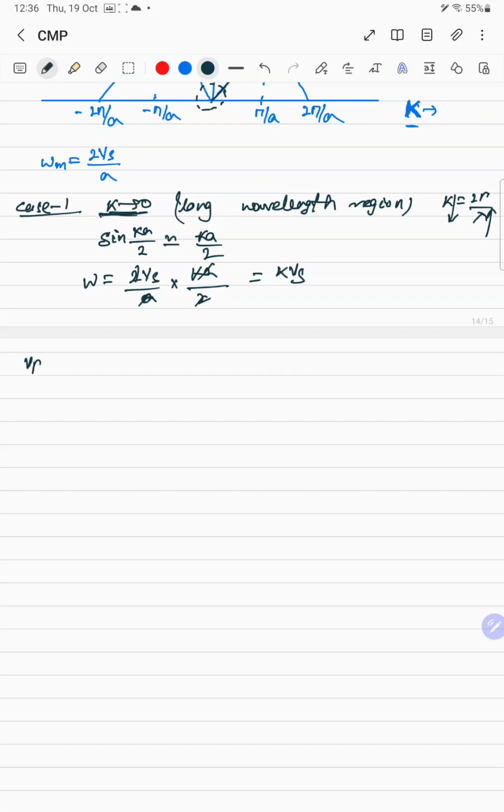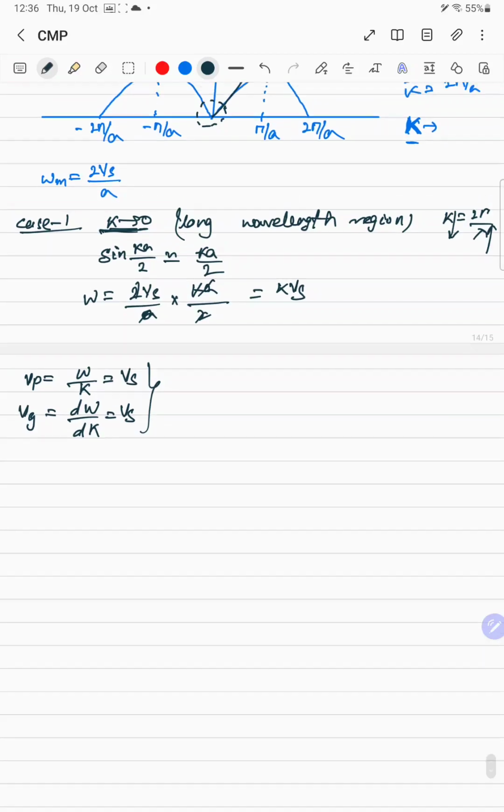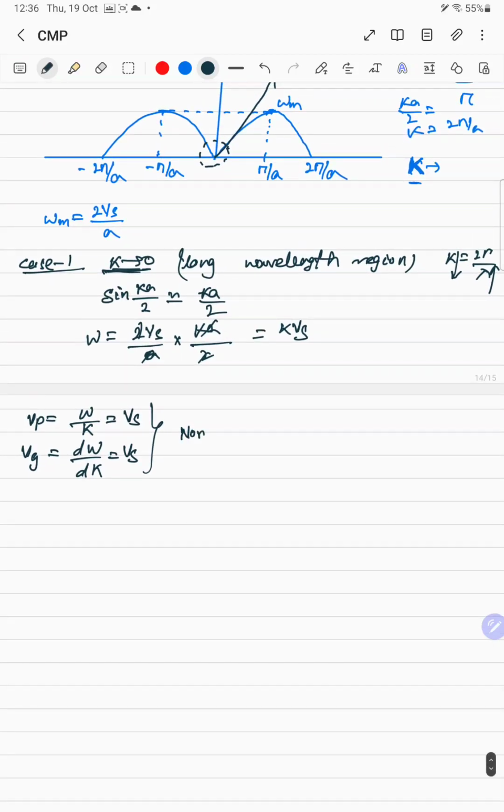Phase velocity Vp equals omega by k, that is Vs, and group velocity Vg will be d omega by dk, that will also be Vs. When the group velocity equals the phase velocity, that medium is known as a non-dispersive medium. I can't explain non-dispersive or dispersive media here, but if you are interested, just comment below. I'll make another video on dispersive and non-dispersive media. So at k tends to 0, the medium behaves as a non-dispersive medium because the phase velocity is equal to the group velocity.